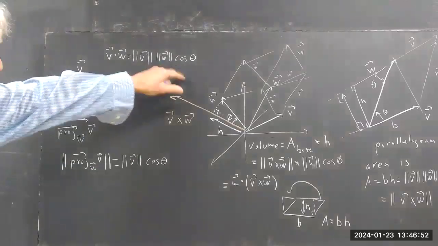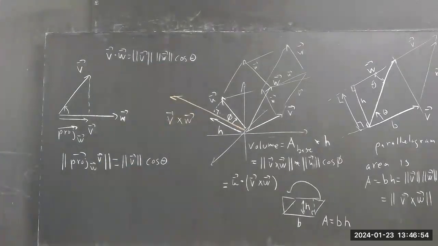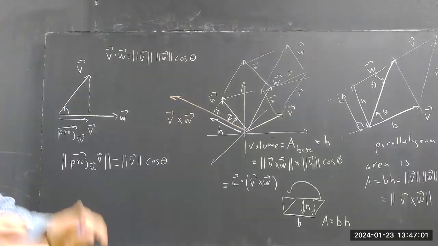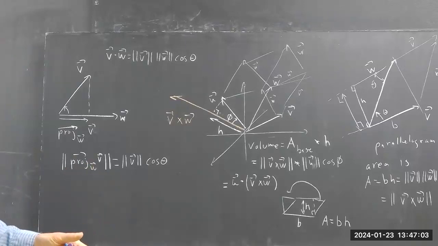Now, what do you have to do up here to get the magnitude of V cosine theta? Take the right-hand side. What do you have to do to it to get magnitude of V cosine theta?